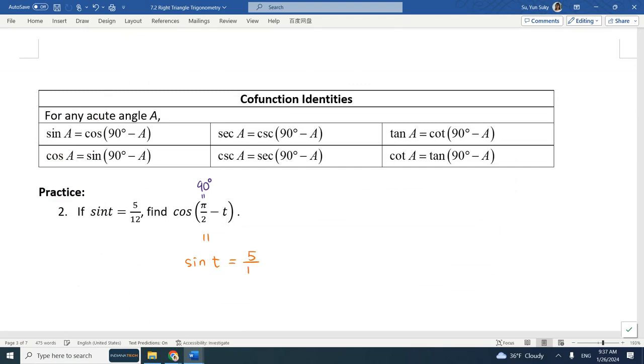Therefore, we get 5 over 12 by the cofunction identities. The cofunction and the angle here are complementary angles. And remember, complementary angles add up to 90 degrees. Supplementary angles add up to 180 degrees. Okay, good.